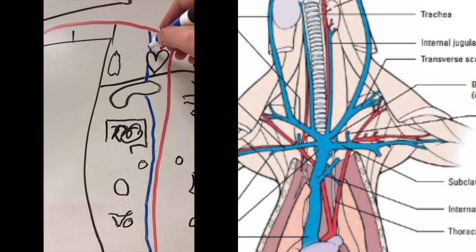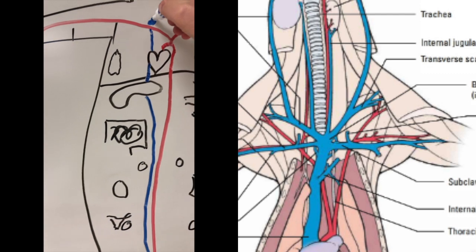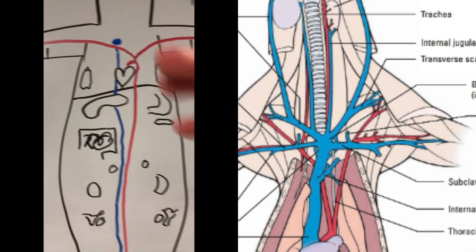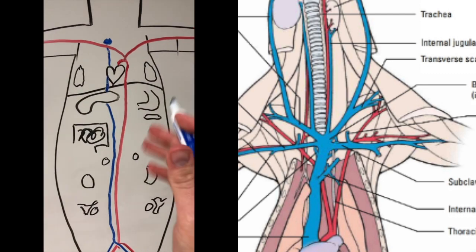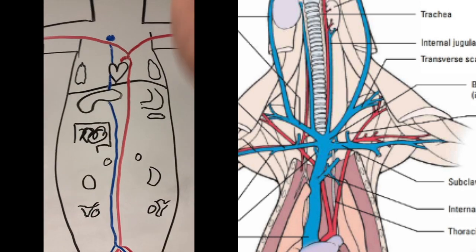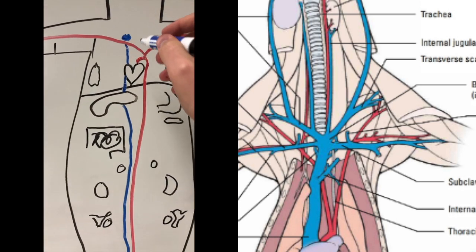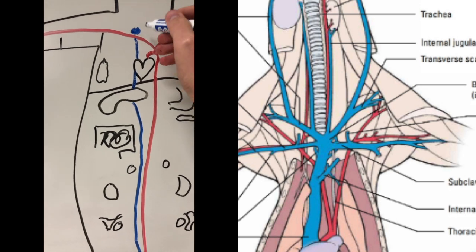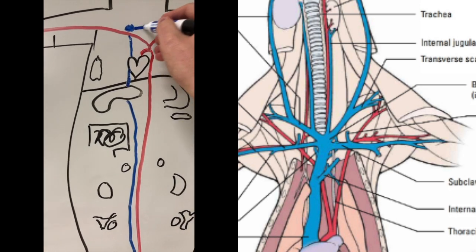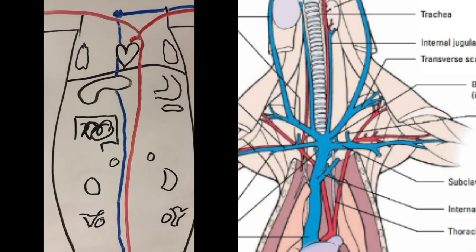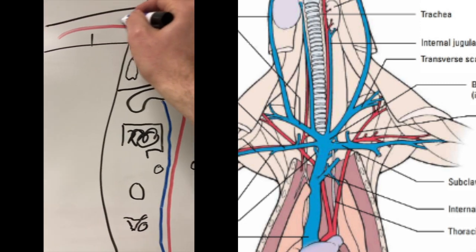So the superior vena cava is really nice because it has two major sets of veins that come in superiorly and laterally, and it drains into this brachiocephalic trunk right here. So we can go ahead and draw those in.